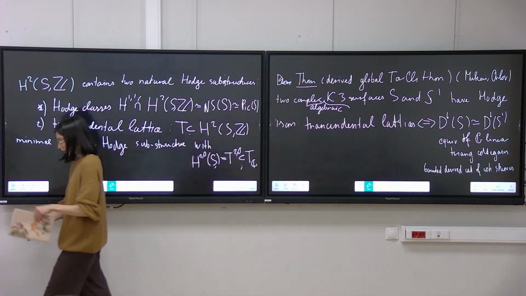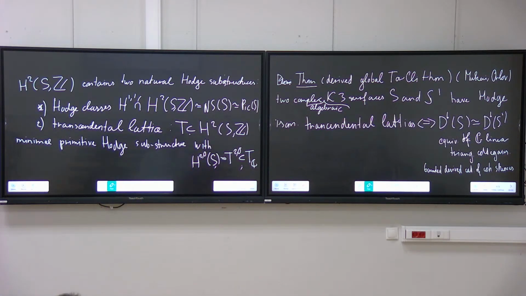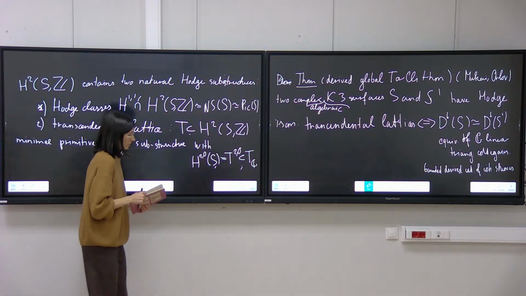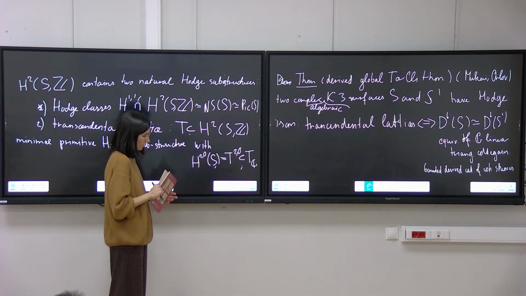Okay. And now, yes, for complex tori, maybe I will leave Hodge structures as an exercise. And now I want to discuss something about positive cones for complex K3 surfaces, and then Kähler cones.